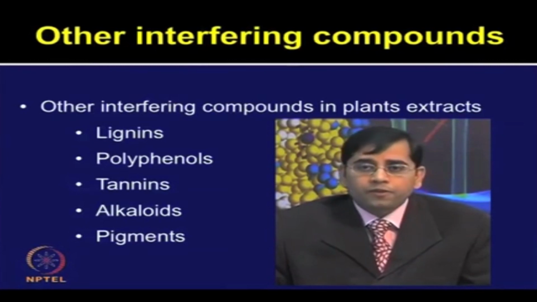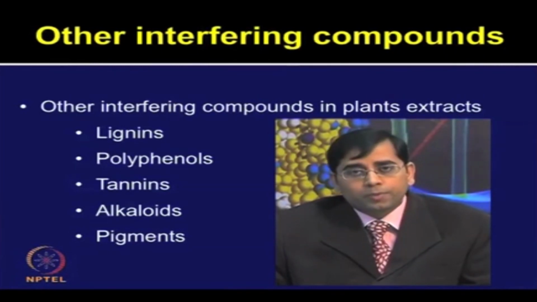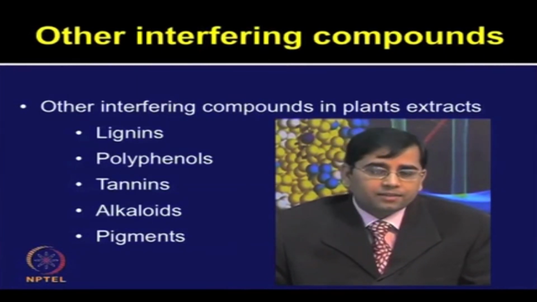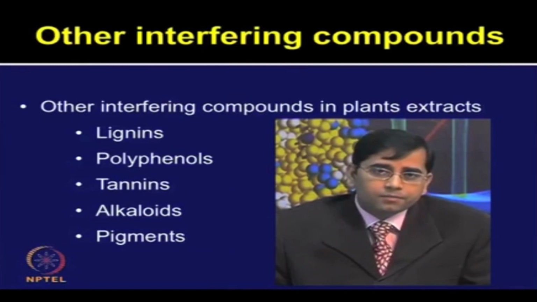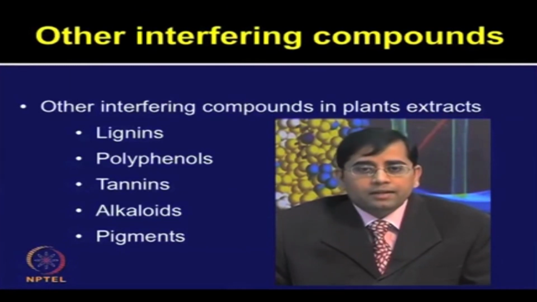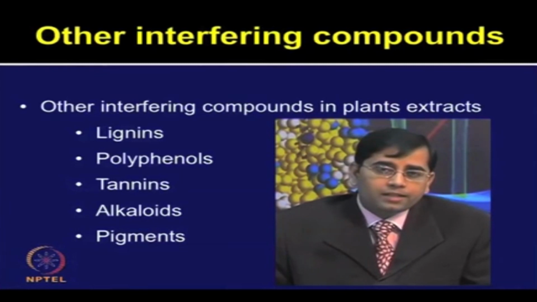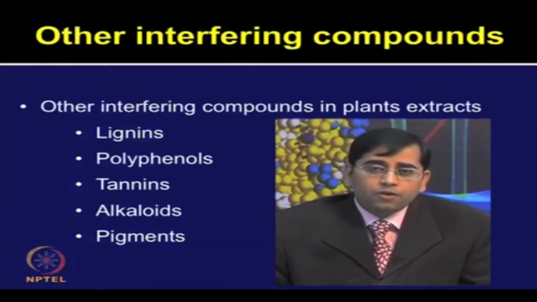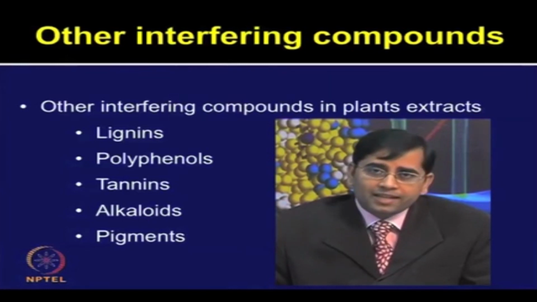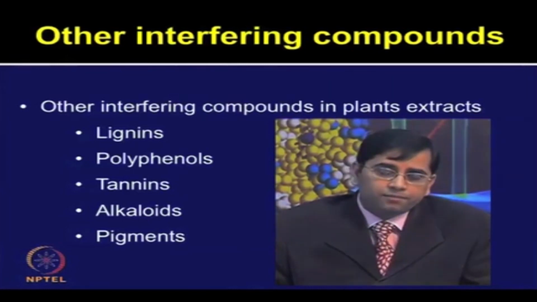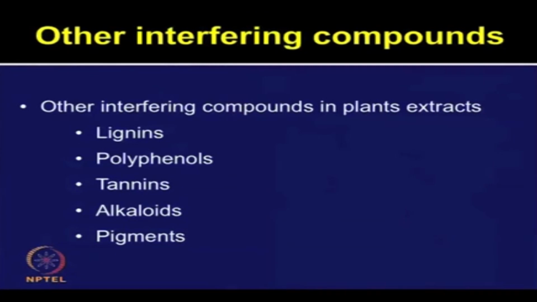There are a few interfering compounds which are also present in plant extracts, such as lignins, polyphenols, tannins, alkaloids and pigments. I will talk about some of these in more detail in the next class in the case study on how to perform plant proteome analysis.